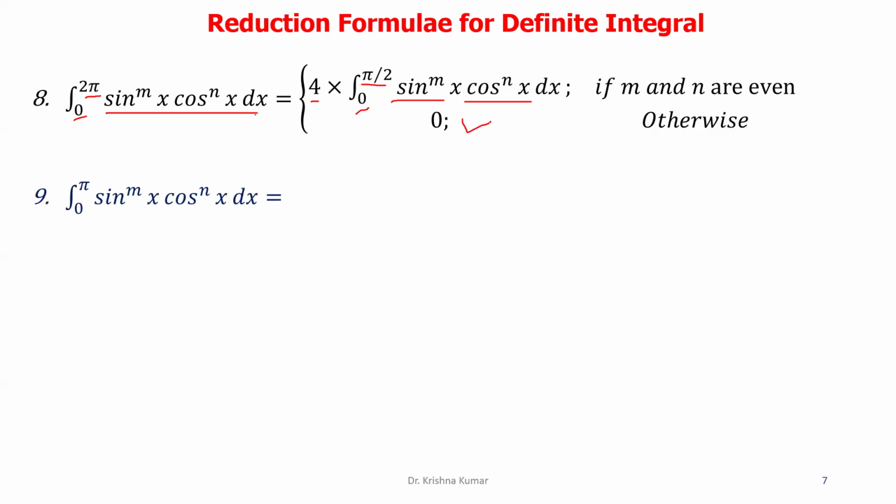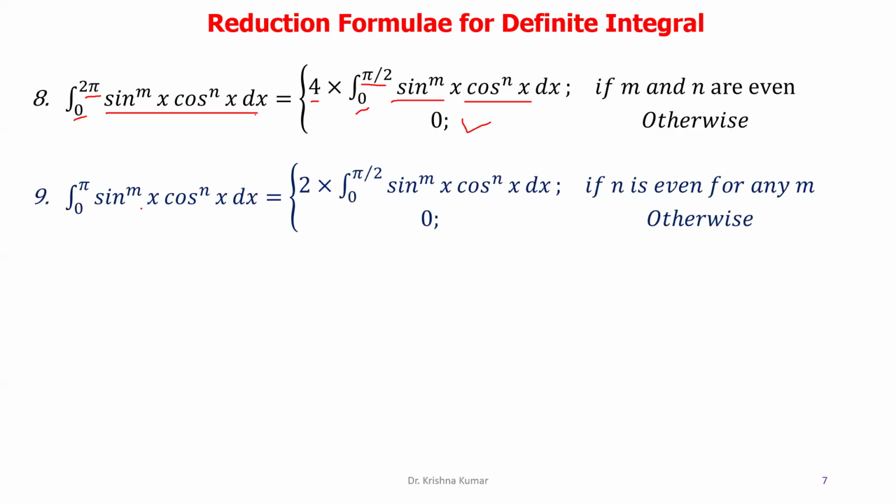And the last formula: what is the integration of sine to the power mx into cos to the power nx under the limit 0 to pi with respect to x? Its value is 2 times the integration of sine to the power mx cos to the power nx with respect to x under the limit 0 to pi by 2 if n is even, for any m.